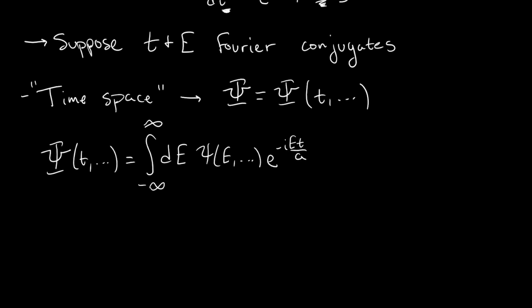Again, notice this factor of a. It's the same a that I was using before because of the fact that the units of E times t are also the units of E times q.